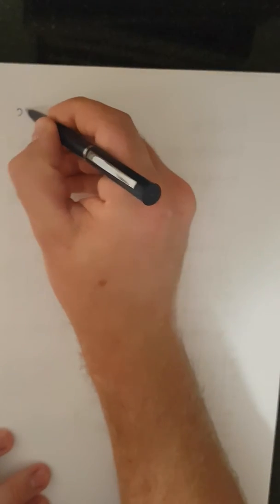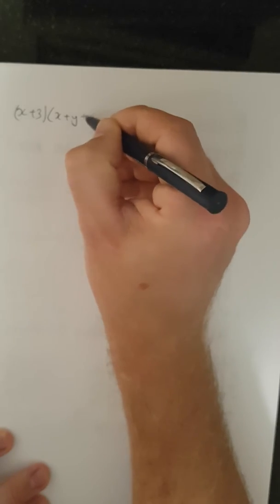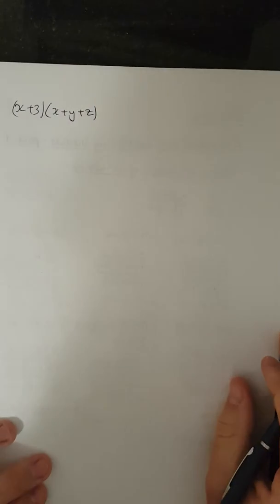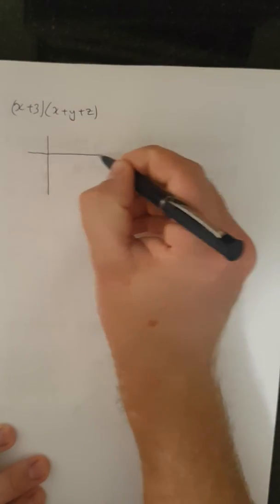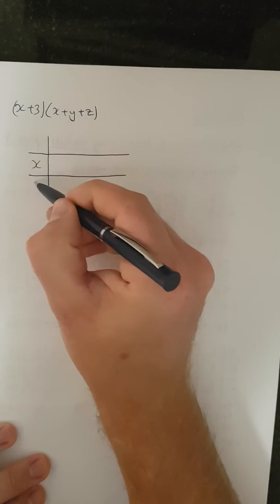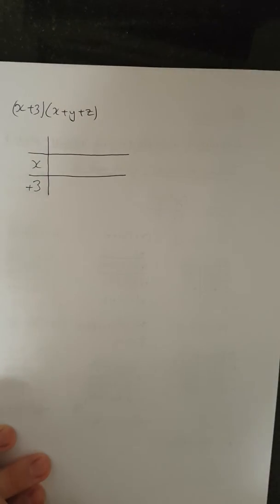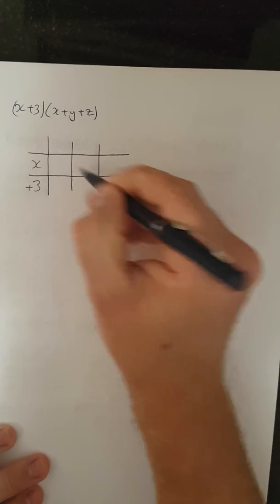So, here's the situation, familiar to some of you I hope, from the previous two parts. So, x and 3 has 2 digits, so it has 2 columns. X, y, z, well, that's going to need 3.